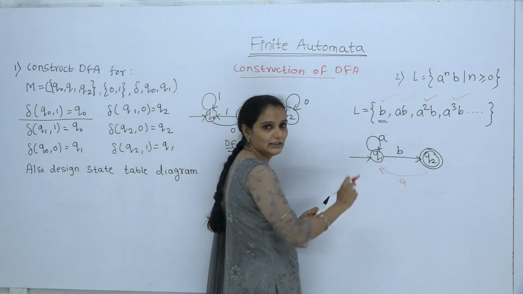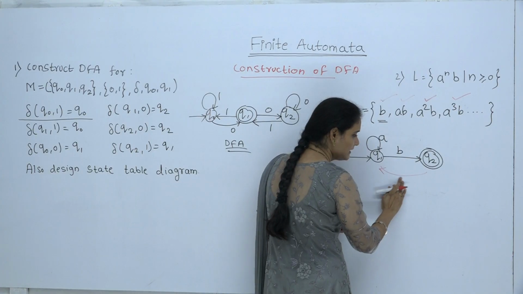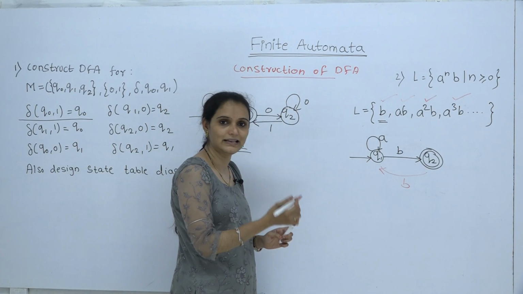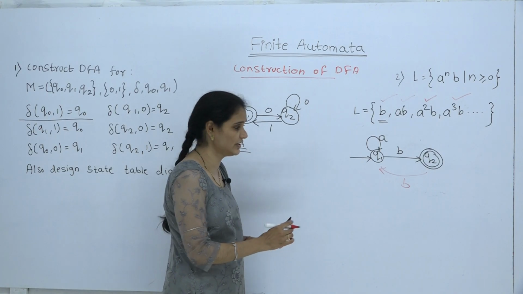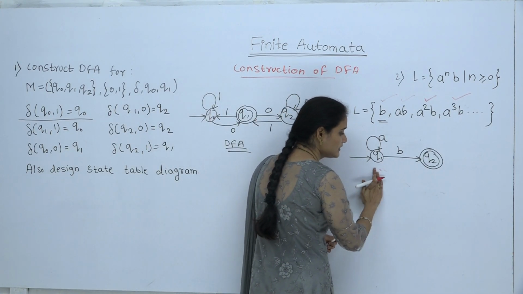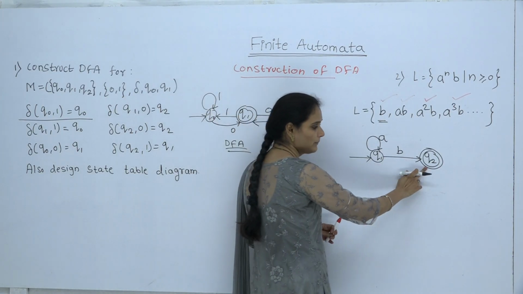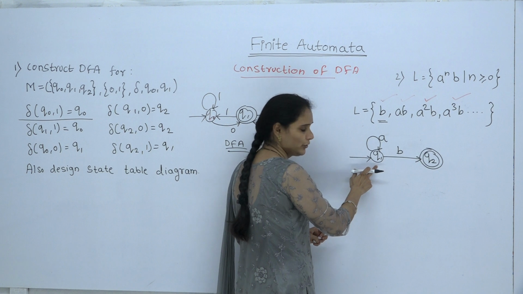So the meaning of the language will be changed. Again, suppose I give b of Q2 to Q1, the language meaning is changed. Therefore, from Q2 on b we can't give to Q1.